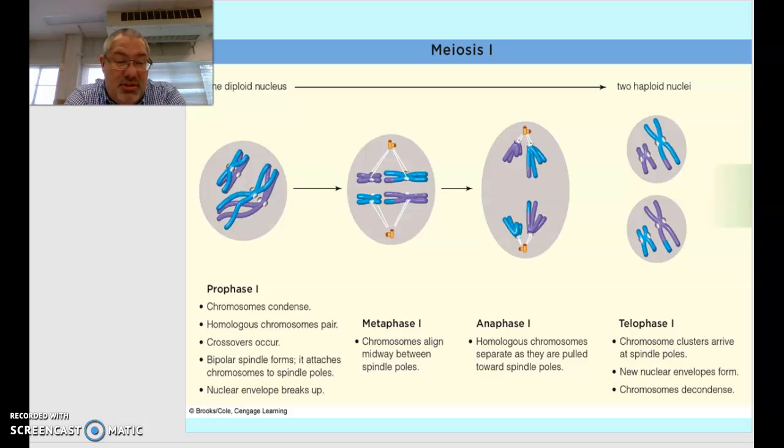This reduces the chromosome number in each daughter cell by 1/2. So prophase 1 and anaphase 1 have very unique events that result in a diploid cell dividing to form two haploid cells that are genetically different from one another. That's a very different type of division than in mitosis.